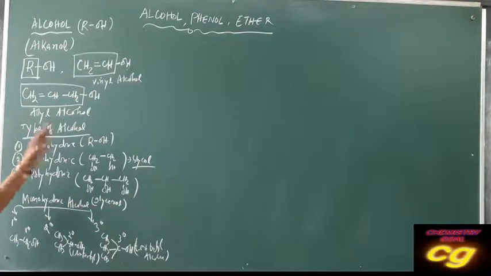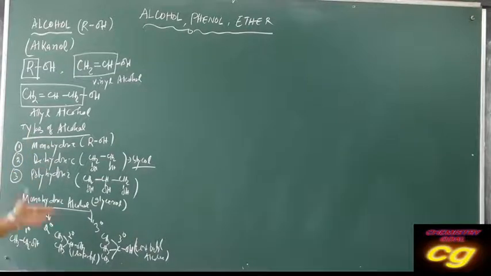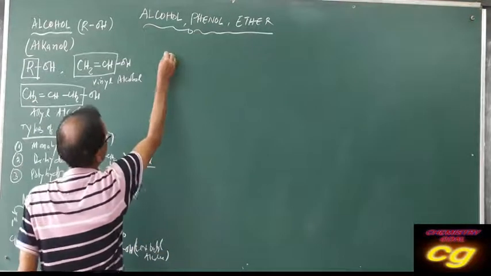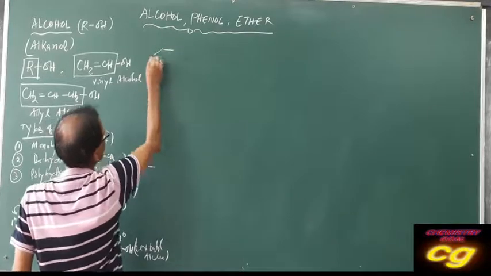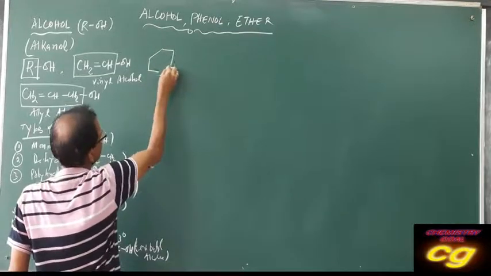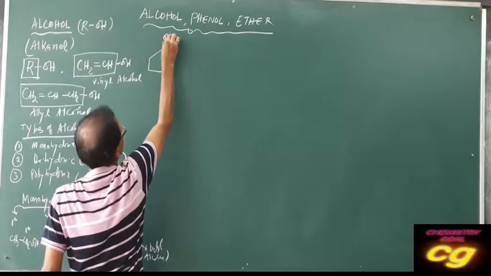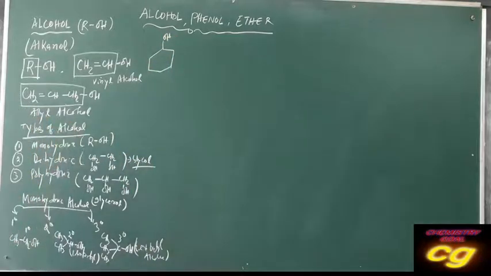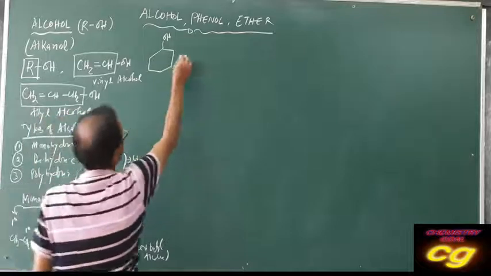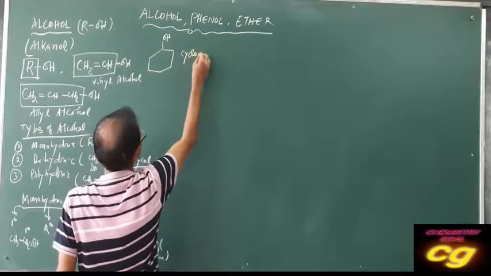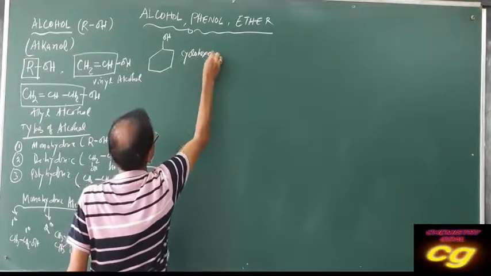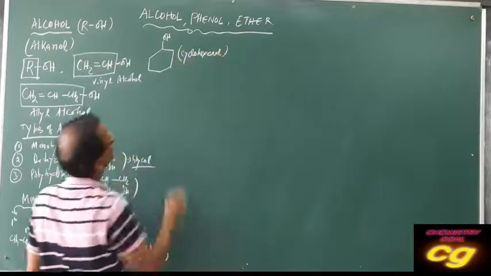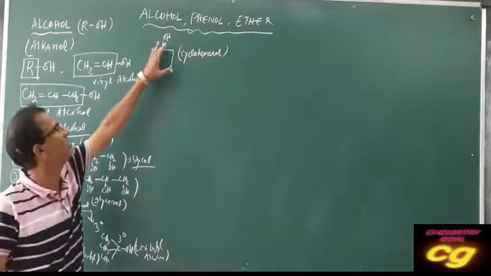And on the basis of the number of OH groups, it is called monohydric, dihydric, or polyhydric alcohol. If it is attached to an alicyclic group, it is also one type of alcohol, called alicyclic alcohol, for example cyclohexanol, because cyclohexane is attached to the OH group.